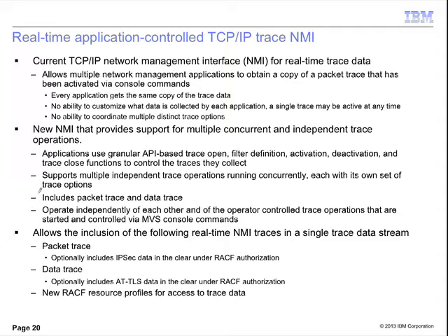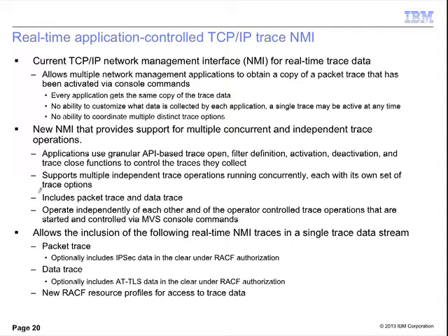So you can have multiple network management applications independently setting entirely different filters. And those filters are set independently of any MVS console commands you might have issued or any options you've coded in the TCPIP profile.